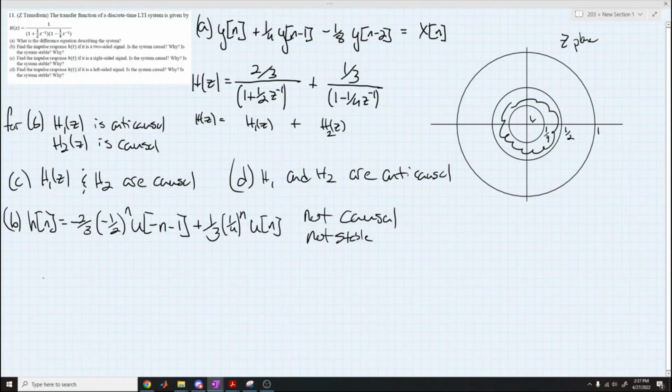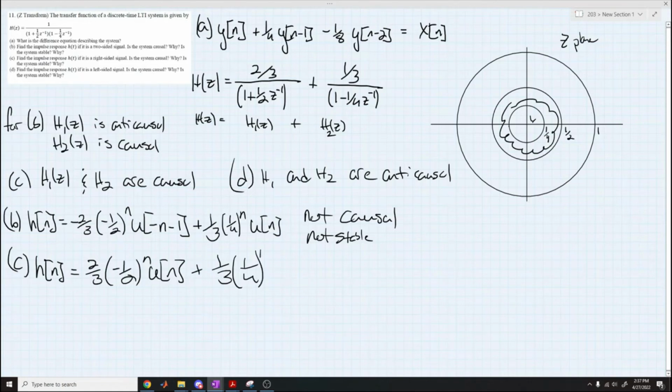All right, now let's do C. Find the impulse response h of n if it's a right-sided signal. We already talked about for part C, H1 and H2 are causal, so H of n is going to equal 2 over 3 minus 1/2 to the n power u of n plus 1 over 3 1 over 4 to the n u of n.